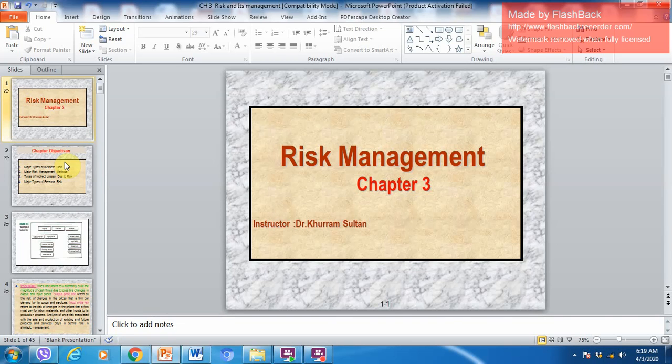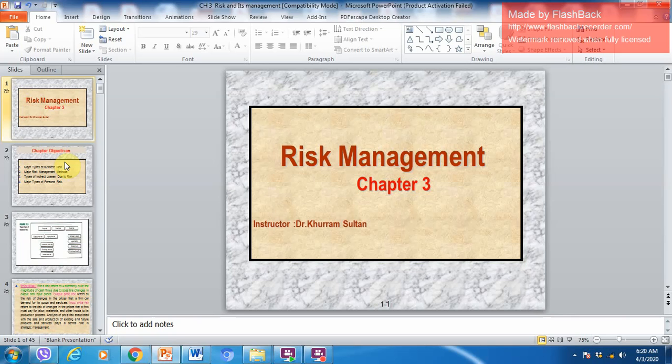We also discussed types of insurance, health insurance, and insurance as a contract. Then further types: life insurance, traveling insurance, car insurance, house insurance, as well as property insurance.